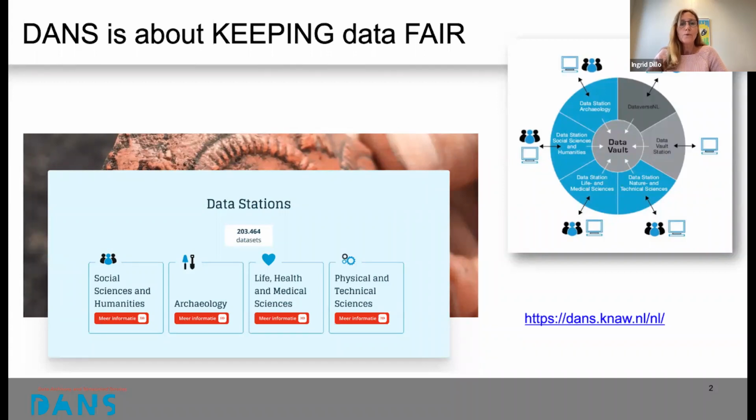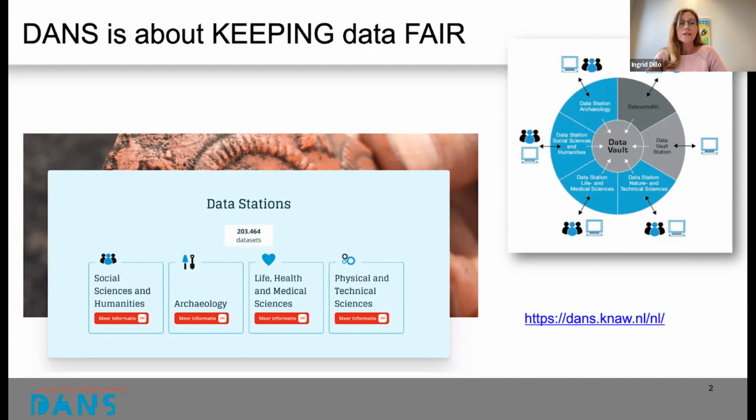Next to those 4 domain specific data stations in which we have data, we also provide DataVersNL, which provides an option to institutions to set up their institutional repositories, so generic ones, but institutionally based.